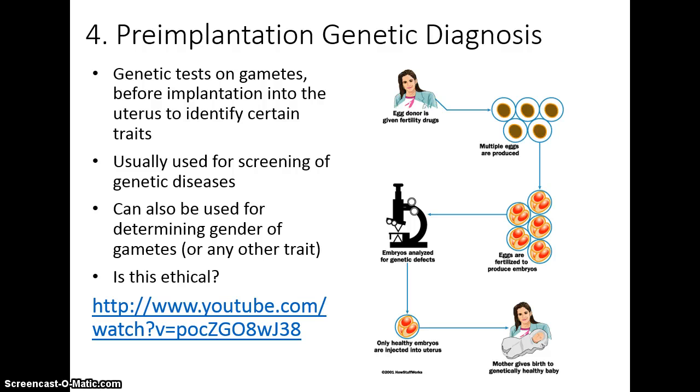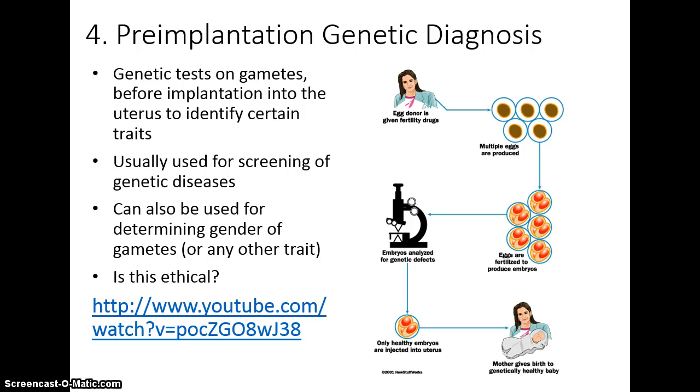The last, and this is kind of cool, but also has some ethical questions to it, is called preimplantation genetic diagnosis. This involves some of the steps of in vitro fertilization, where you take eggs out of a female and fertilize them with the male's sperm, and then you let them develop outside the womb. That's what in vitro fertilization is.